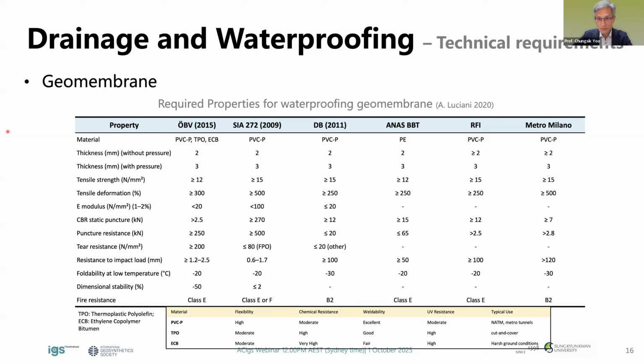As you can see, minimum thickness of 2 millimeters is recommended, but it can increase to 3 millimeters when pressure is considered. Pressure can be ground pressure after excavation, lining installation pressure after excavation, and so on. Okay, so please refer to this table for typical mechanical properties.